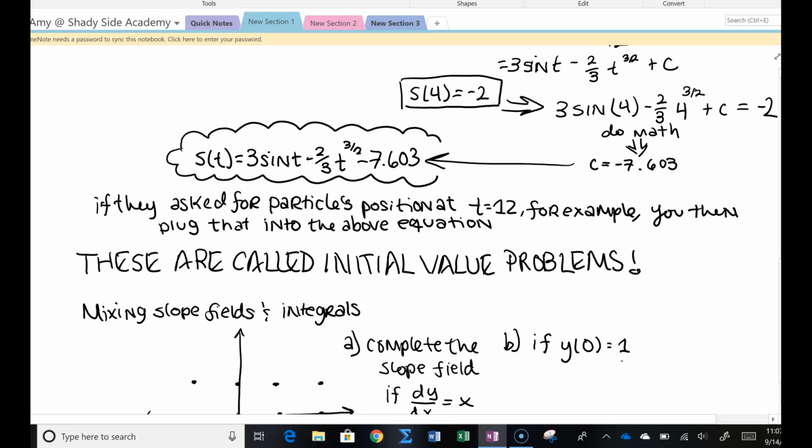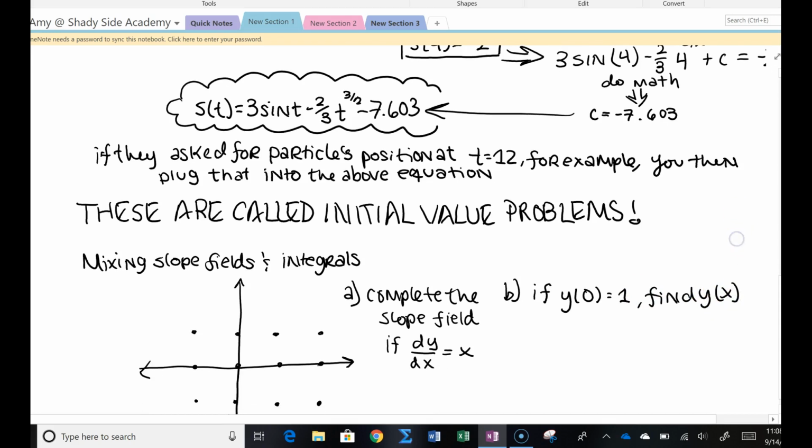Then here's part C. Slightly different notation, but there's nothing wrong with that.